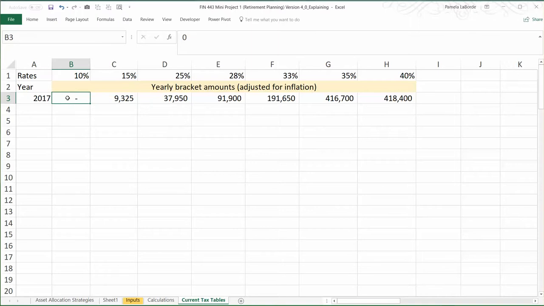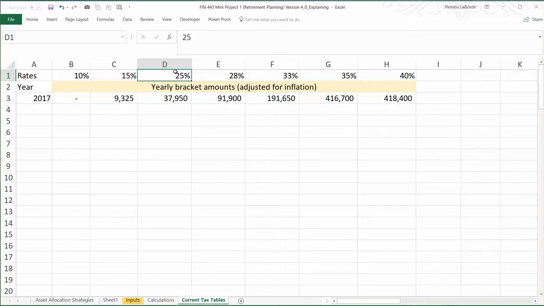This is the starting amount for the 10% bracket. Well, the starting amount that's taxed at 10% is zero. And then the next bracket is 15%. The amount at which you'll be taxed 15% starts at 9,325. It lasts till 37,950, at which point you'll start getting taxed at a 25% rate.